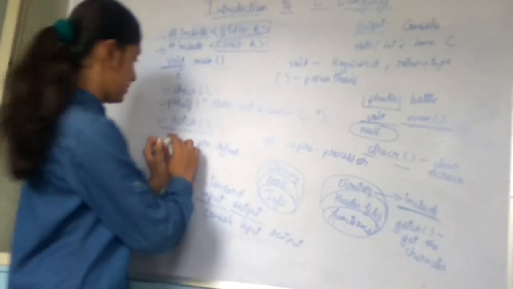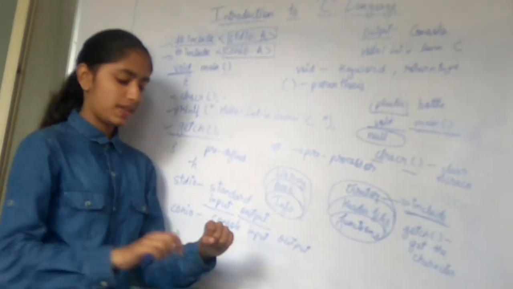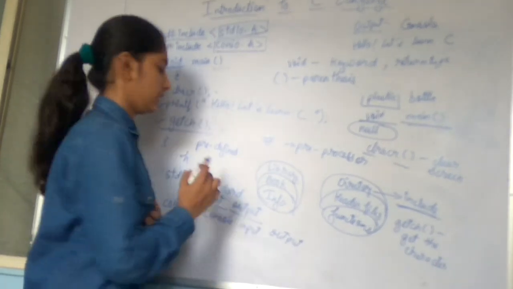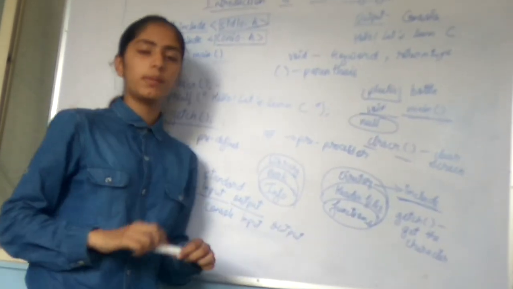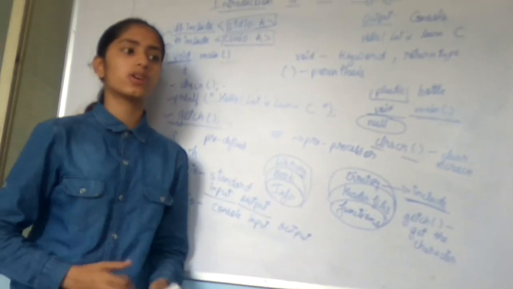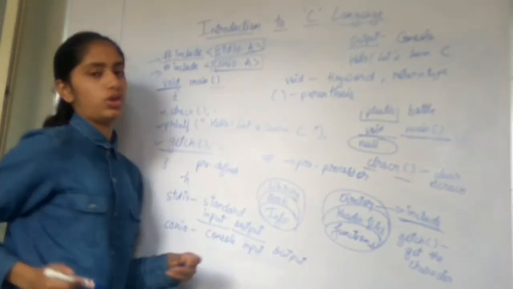This is because of getch, because getch holds the output screen until you press any key or enter any character. So if you do not write this getch, the code will be executed, but you will not be able to see the output, as there is no function to hold the output screen. And for using this function, you require conio.h.